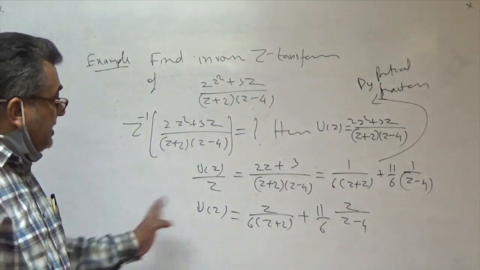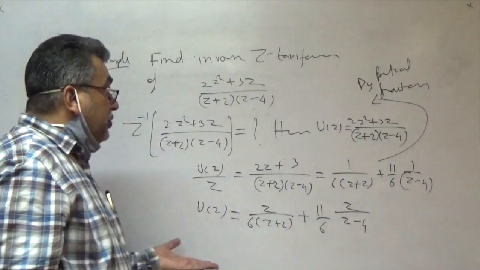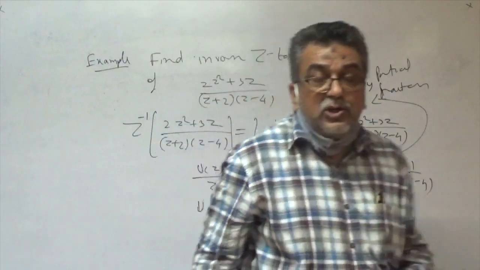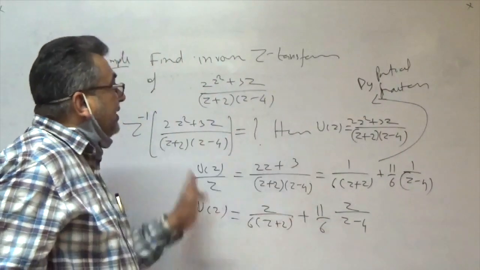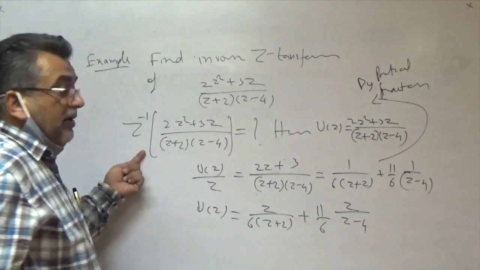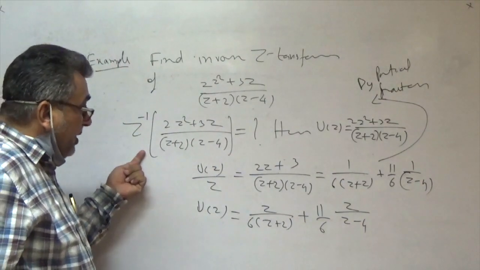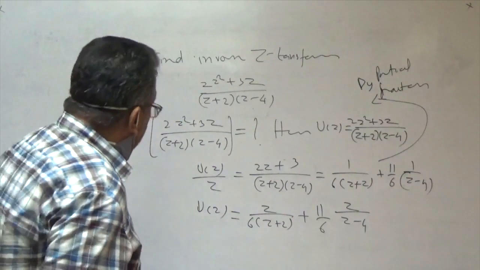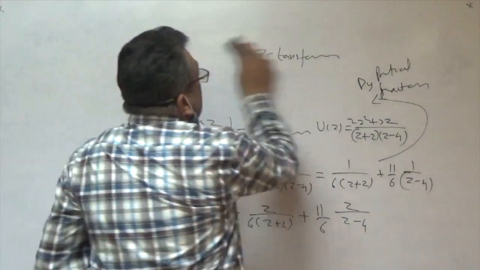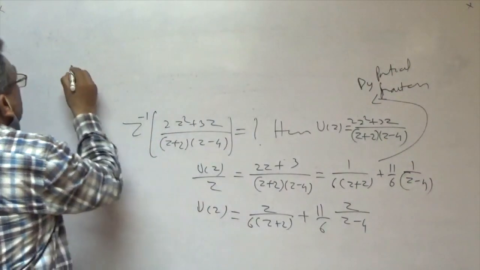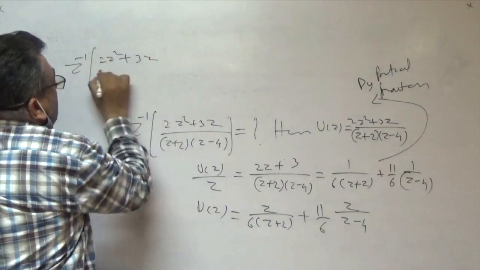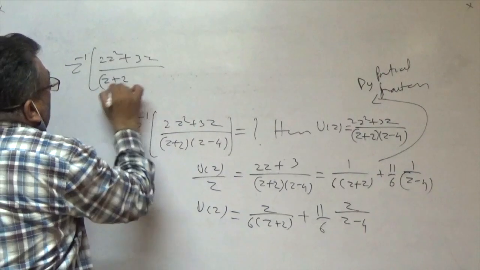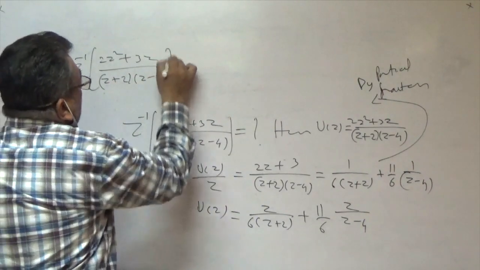Right? This uses the concept of partial fractions, and you can separate the two different terms of this quadratic expression. Now you can find the inverse Z transform by the direct formula. By linearity, we can write it as the inverse Z transform of 2z square plus 3z upon z plus 2 and z minus 4.